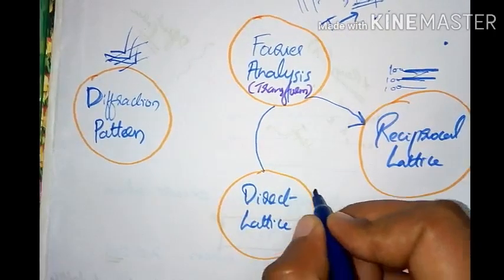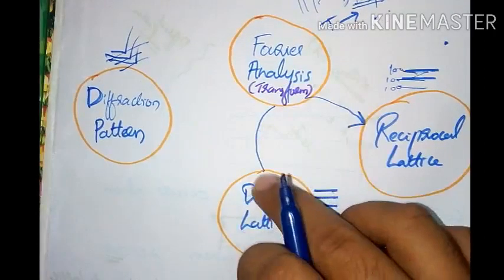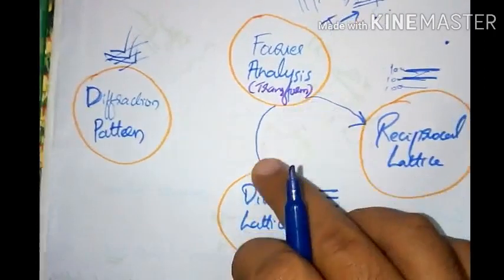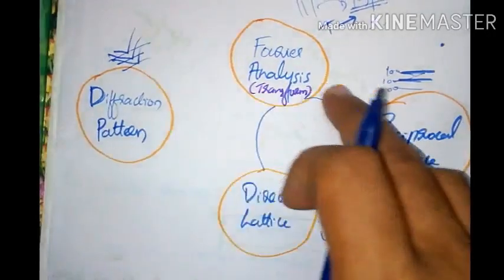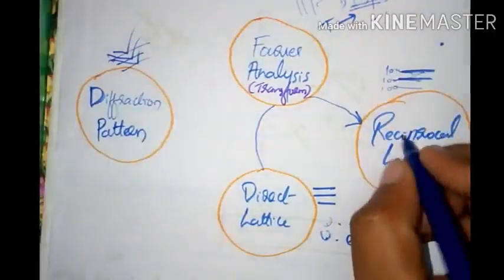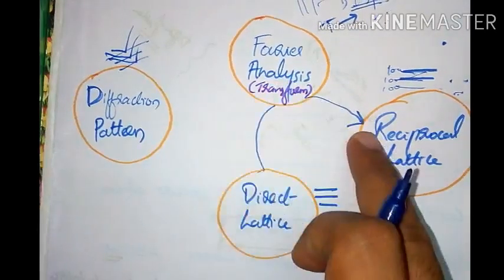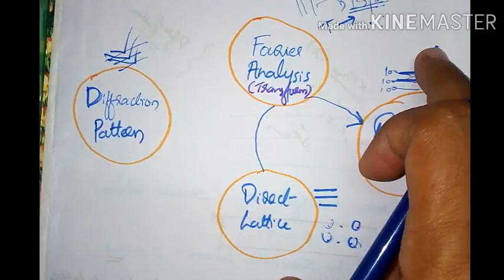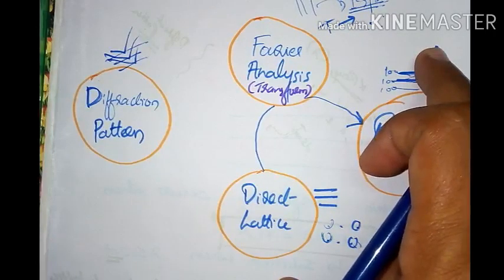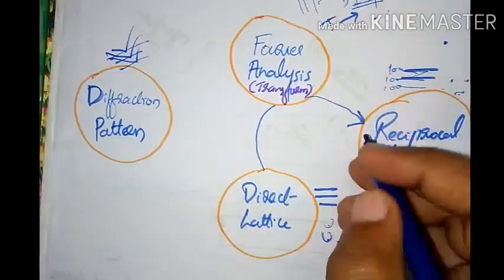They are components of the direct lattice, and when we take the Fourier transform of this direct lattice, we obtain a set of points in K space, and those points are the reciprocal lattice points that we obtained earlier.